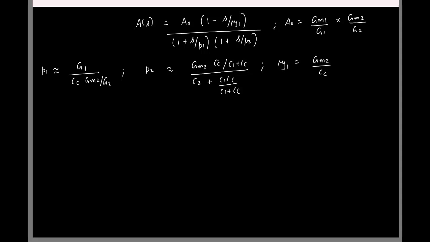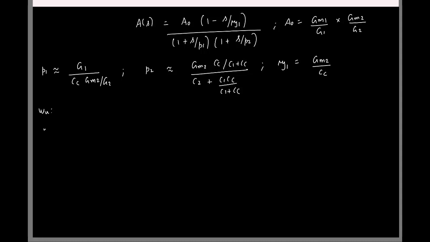So now let us say I want to find the phase margin here. What is the first thing I will need to do? What is the first information I need? Unity gain frequency is the first thing we need to find, right? So omega u.